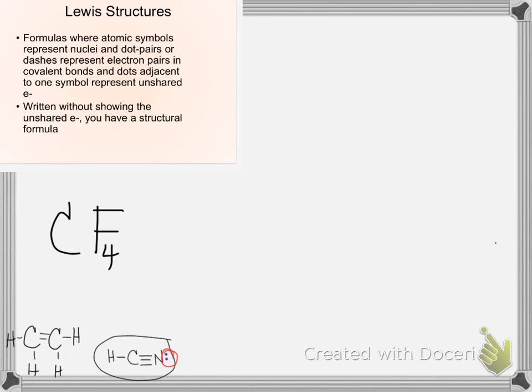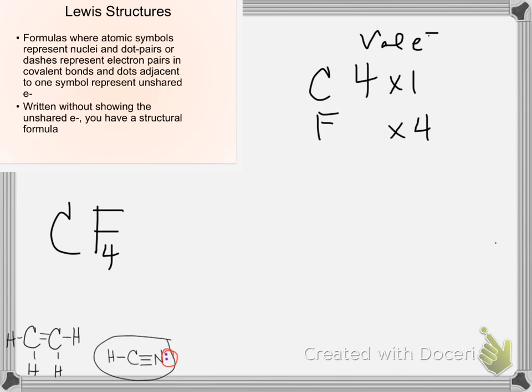Okay, so the first thing we need to know for the Gooch math is how many of each type of atom we've got. How many carbons do we have? 1. How many fluorines do we have? 4. And we're going to count up how many valence electrons each of these come with. So how many valence electrons, I'm going to write this as val E, does carbon have? 4.